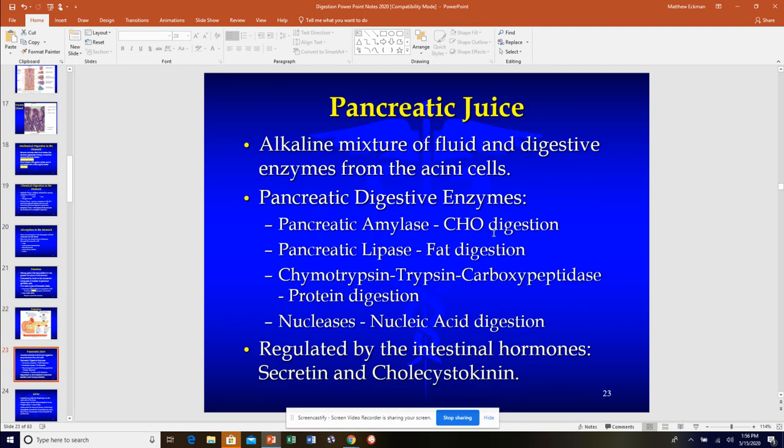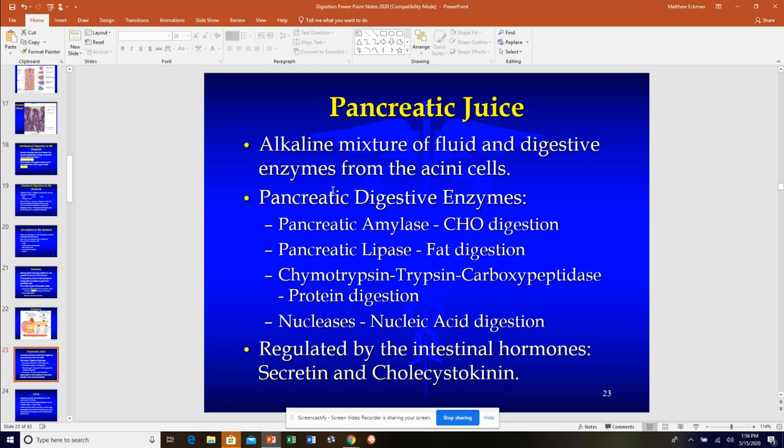The pancreatic juice, this material that's secreted by the pancreas, is an alkaline mixture of fluids and digestive enzymes. Now, the material that just came out of the stomach is very acidic. Now it meets this material in the small intestine that's very alkaline or basic. That's not an accident. When the acidic solution from the stomach meets the alkaline environment of the small intestine, we get a neutral environment.